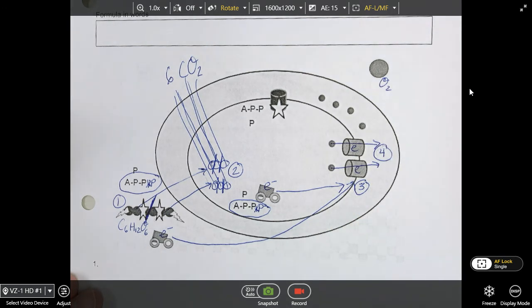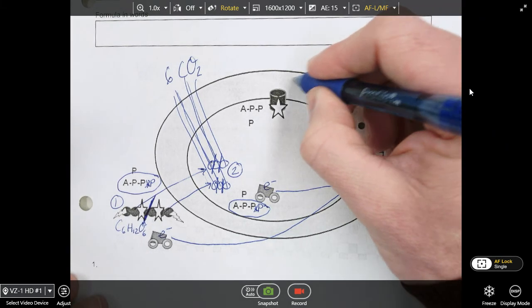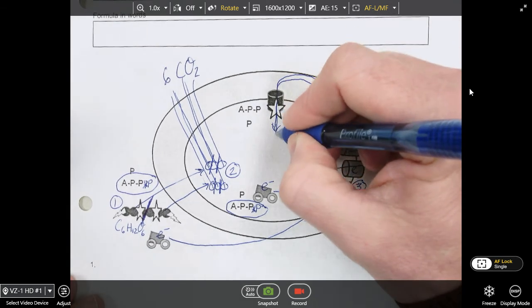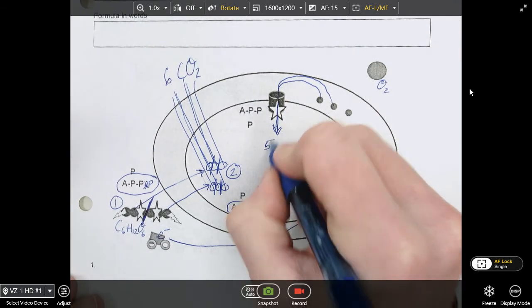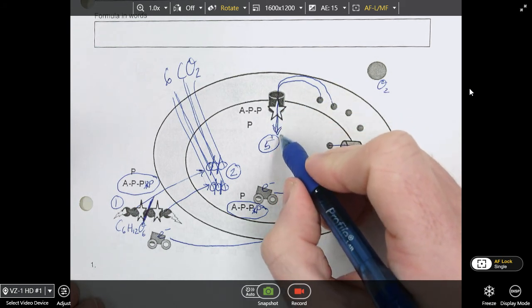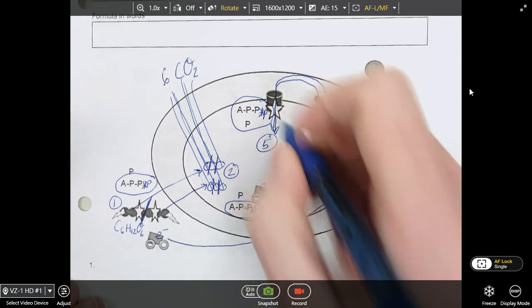The protons get pumped, and then from there we go to step 5, where we are going to have protons diffuse back in through ATP synthase, which is going to create a lot of ATP.